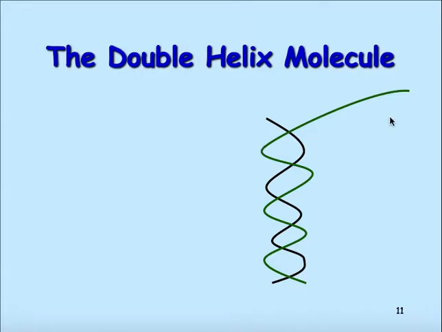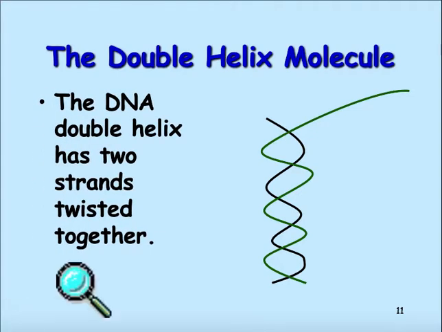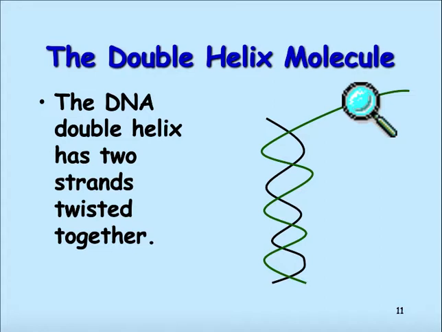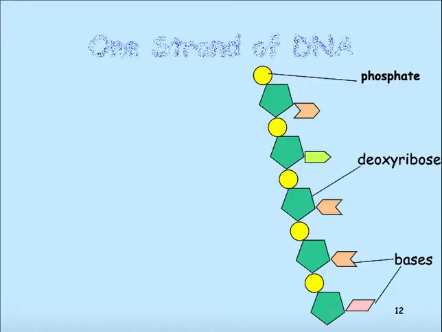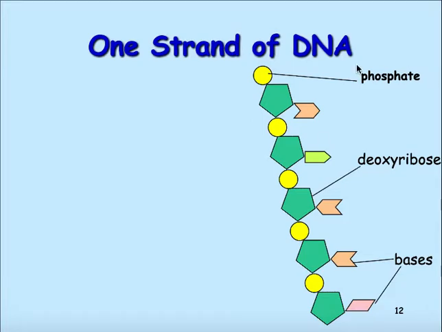Now in this picture, you have a green line and a black line, and these two sides are complementary. They fit together sort of like a lock and key, where they're not the same, but they fit. So one strand of DNA is made up of a phosphate, which is these circles, and then a deoxyribose, which is the pentagon here.